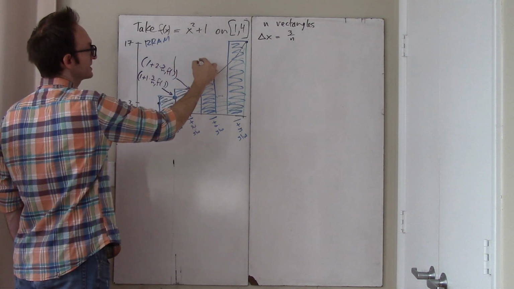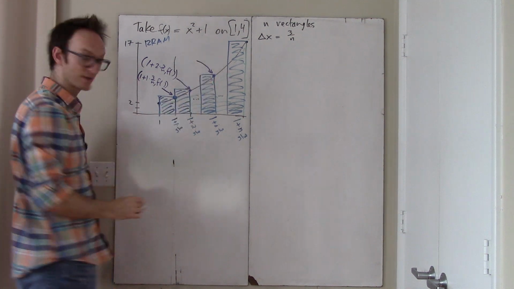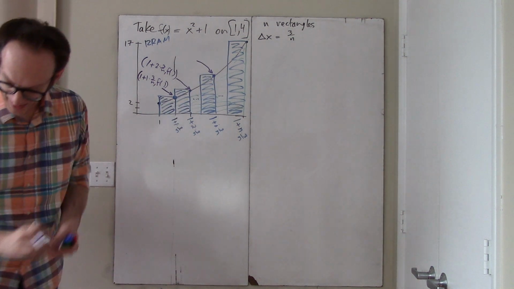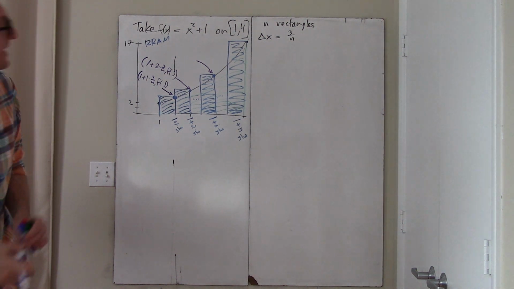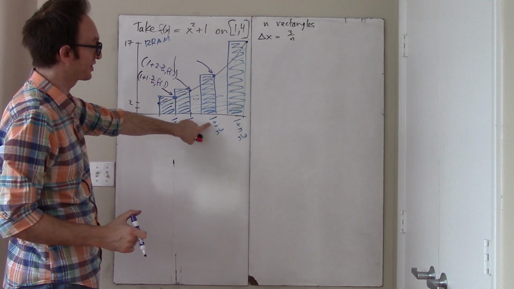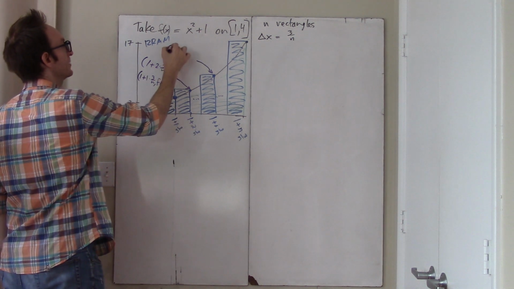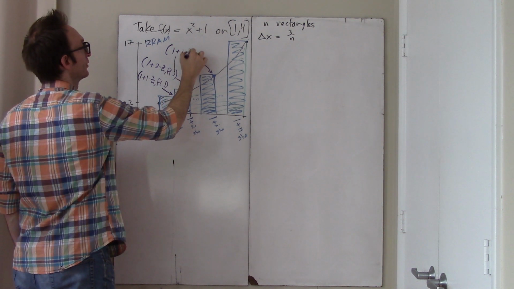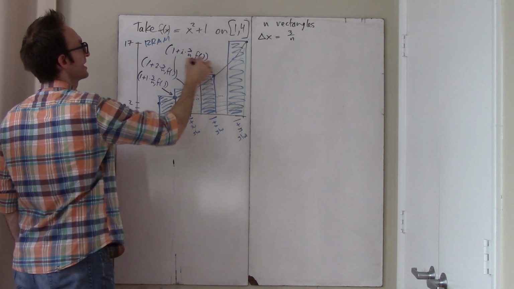But because I'm going to do this in general and be sort of sophisticated and use summation notation, I only really care about the value at the generic rectangle, and that's going to be 1 plus i times 3 over n, comma, f of that number.